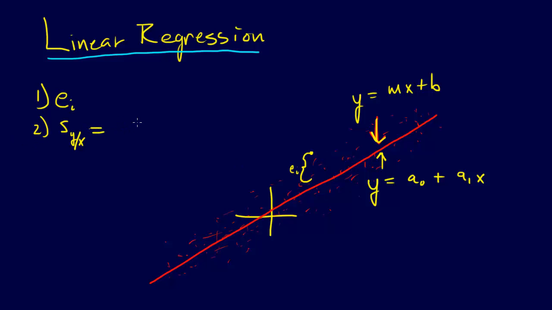But like before, that's going to equal the square root of the sum of the error squared, Ei squared, from i equals 1 to n, divided by our degrees of freedom. And in this case, we're estimating two parameters.